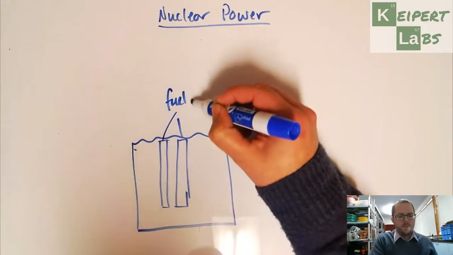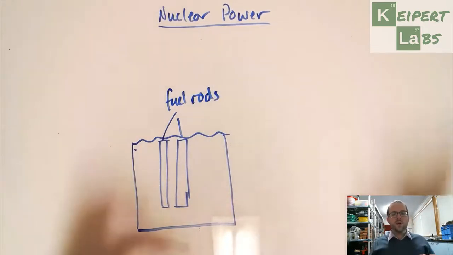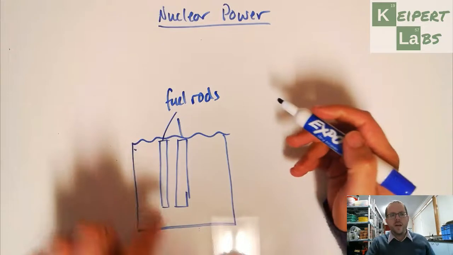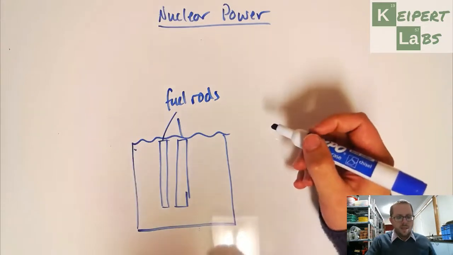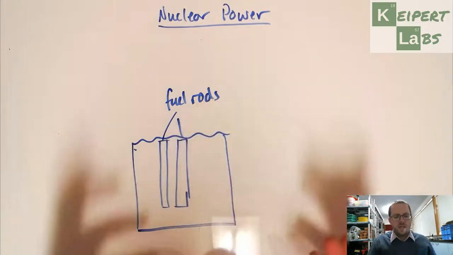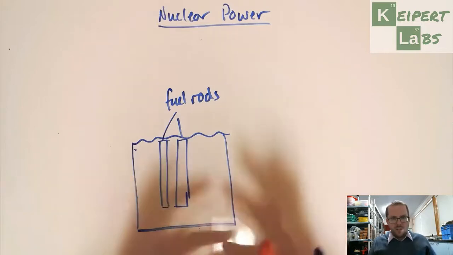We put the uranium into this rod-shaped form. Now we call these uranium fuel rods. Okay, so they're immersed in this water that surrounds them.